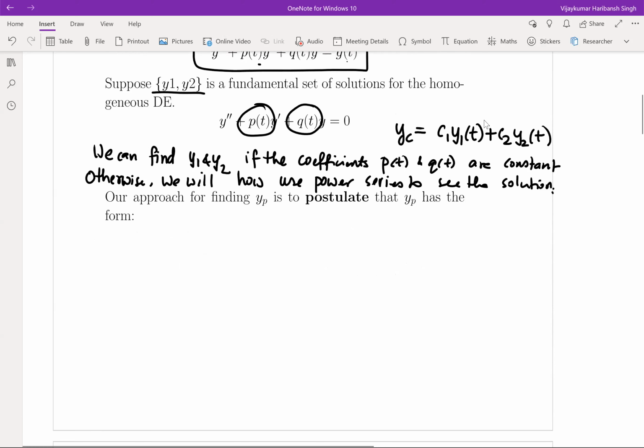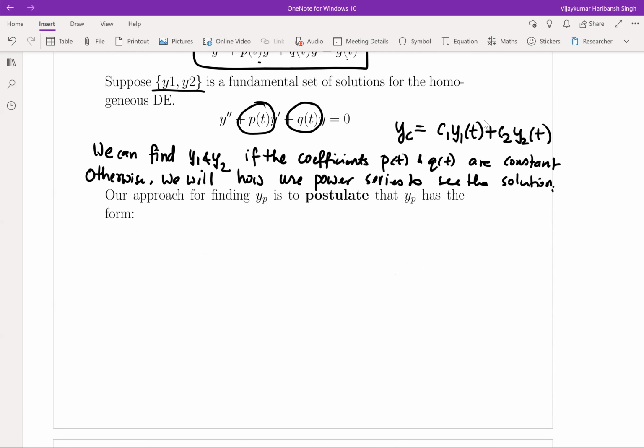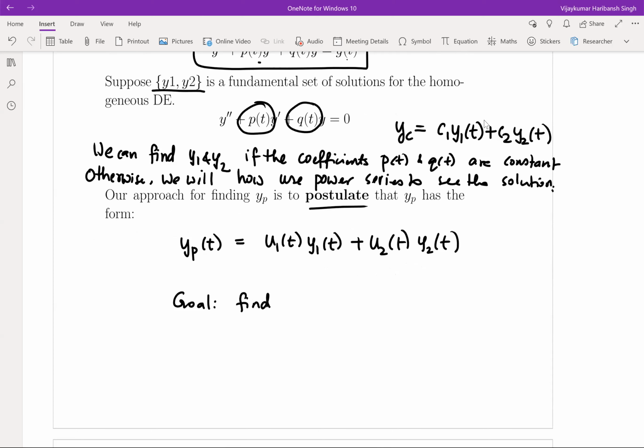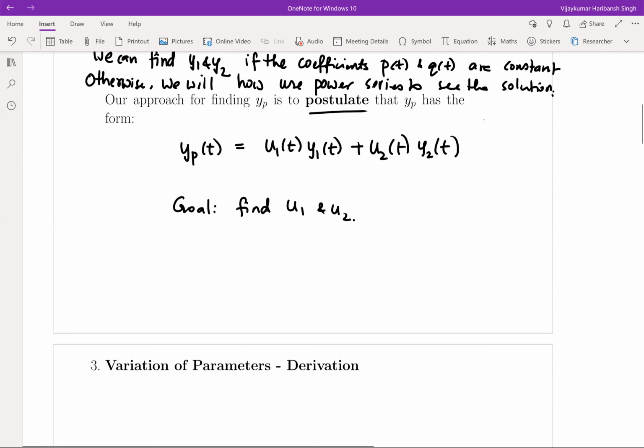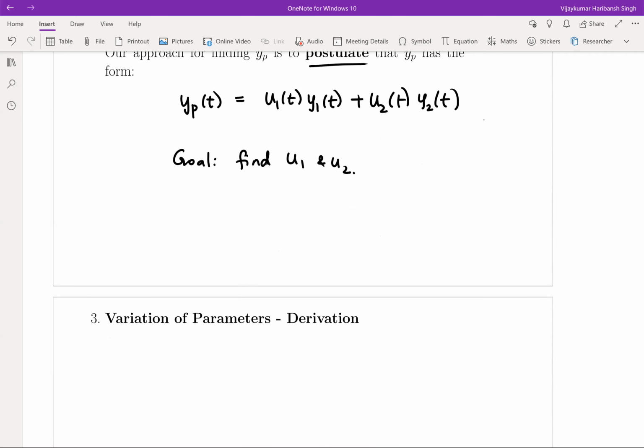In this case, we'll postulate that yp is of special form: yp of t is u1 of t times y1 plus u2 of t times y2. And then the goal is to find u1 and u2. Note that these are not constants, these are functions. So let's see what u1 and u2 will be, or if there is such a possibility for u1 and u2.